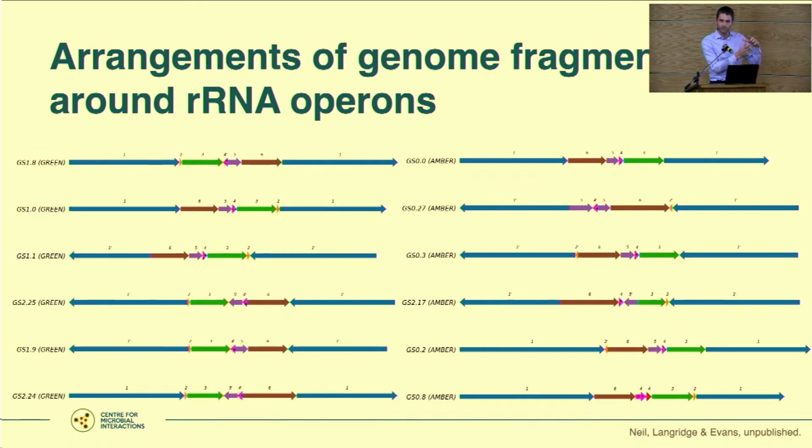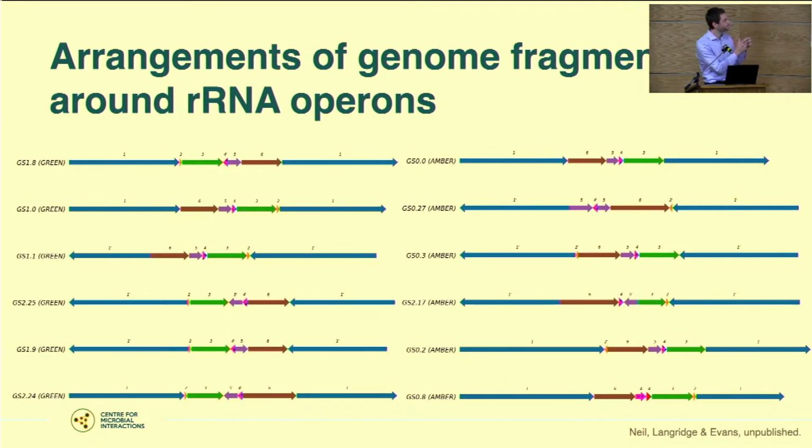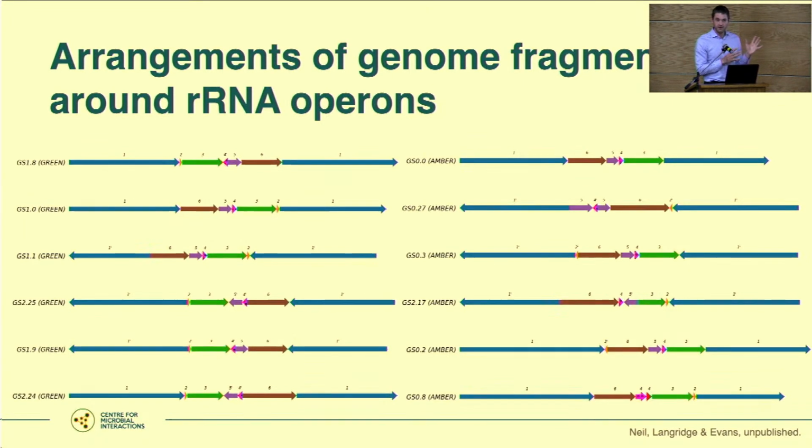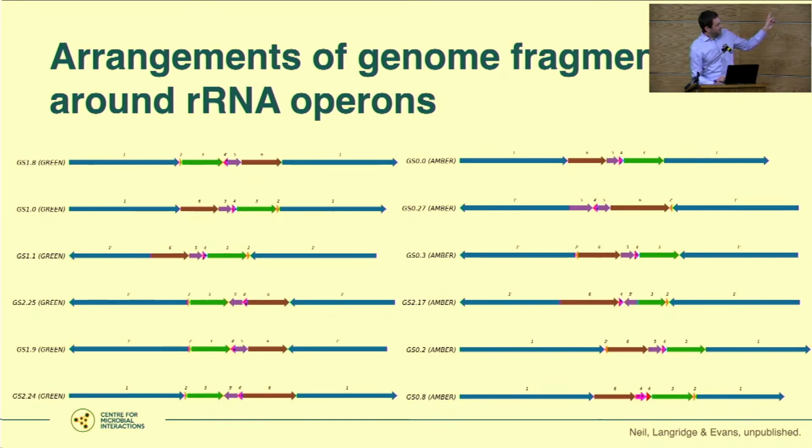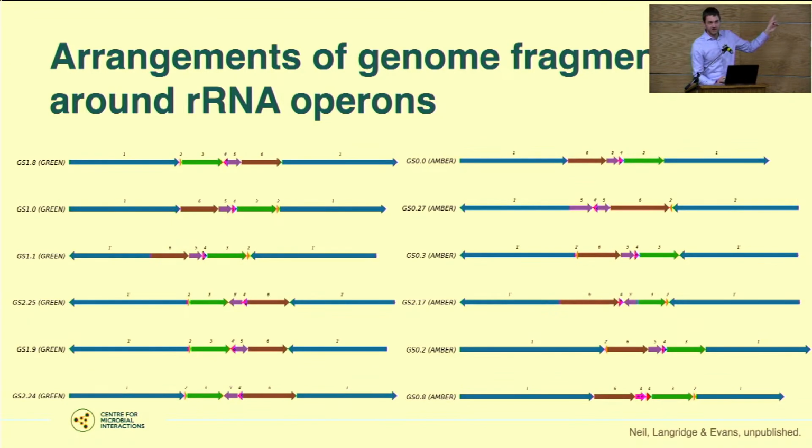And so the first type of analysis is looking at, okay, if we just break our genome down so that each of those lines there is the whole genome, and these are drawn to scale, you can split them into fragments based upon where the ribosomal RNA operons are.